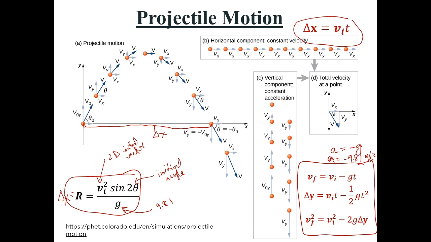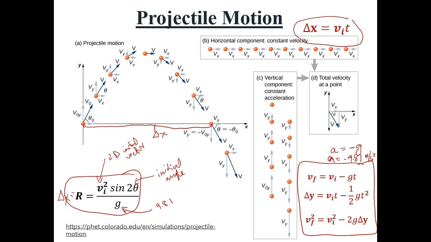So let's say you kick the ball from the ground and it comes back to the ground, then you can use this range equation to figure out how far it traveled along the horizontal. Let's say you kick the ball from the ground and it lands on a cliff. Well, it didn't land at the same height as it started out, so we can't use that equation in those cases.